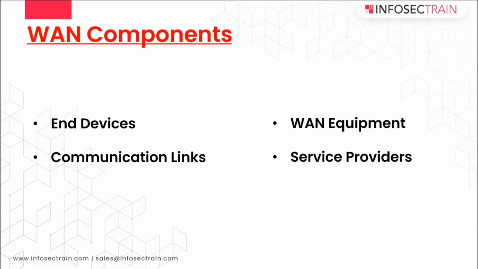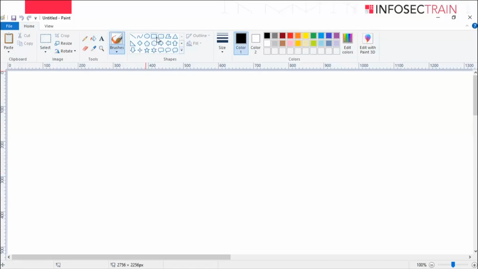So end devices, basically these are the devices at the end of the communication links, right? In WAN technology, we also call them the edge. Let's say this is my network, right? This is one of my data centers and the router through which the connectivity of this particular data center is, right?